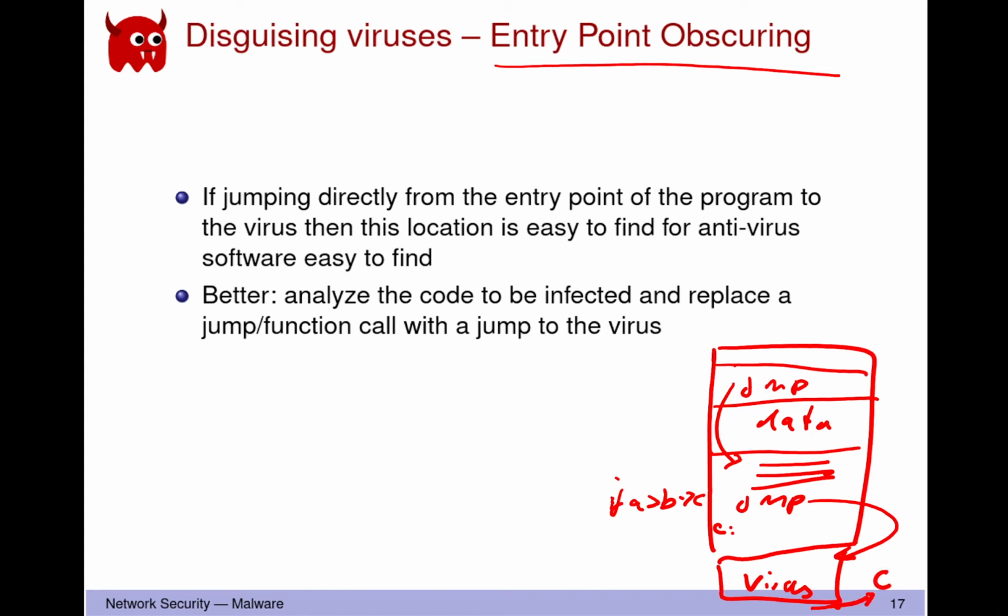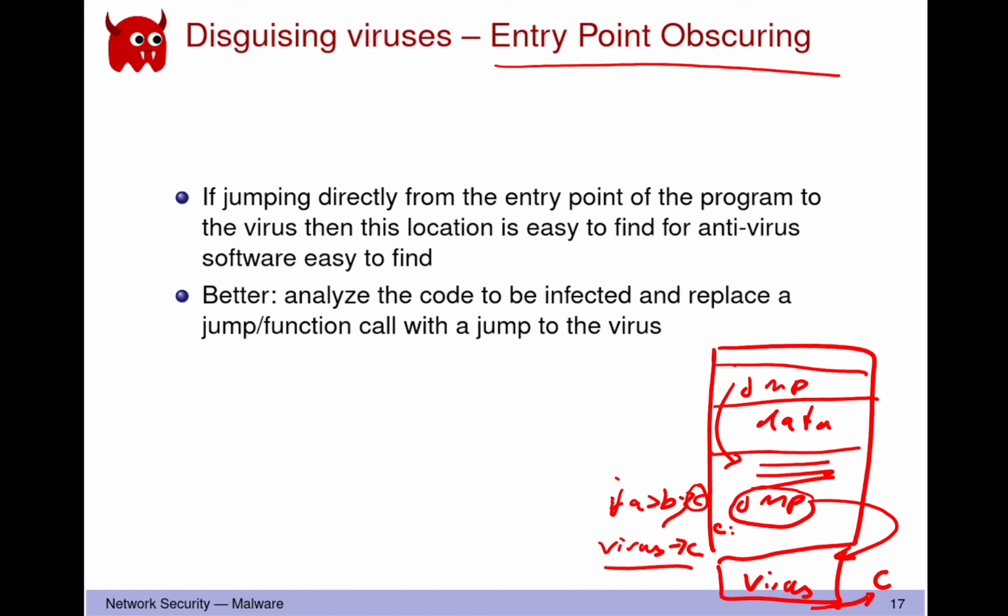So it doesn't jump to C directly, but it jumps to the virus and then it goes to C. You just pick a random jump place in the code, which is available in many programs anyway, and you add a little addition so that your virus is executed first. Then it is more difficult to analyze, because you don't take the first jump anymore, you take maybe the 17th jump.